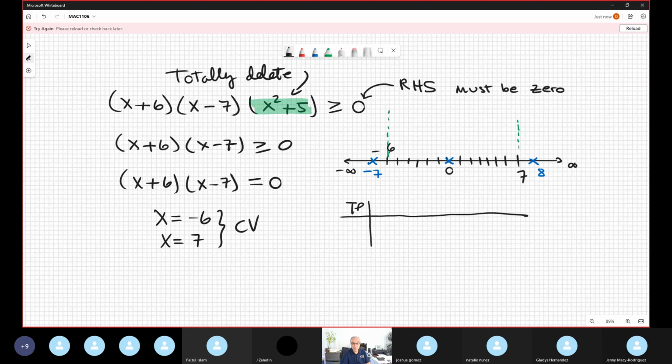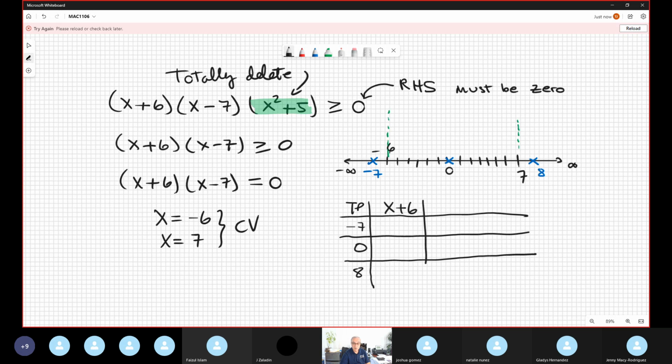Testing points: negative 7, 0, and positive 8. And you evaluate, of course, the factors that stay, x plus 6 and x minus 7, and you could attach an extra column, which is the important column, total, in which you summarize everything.